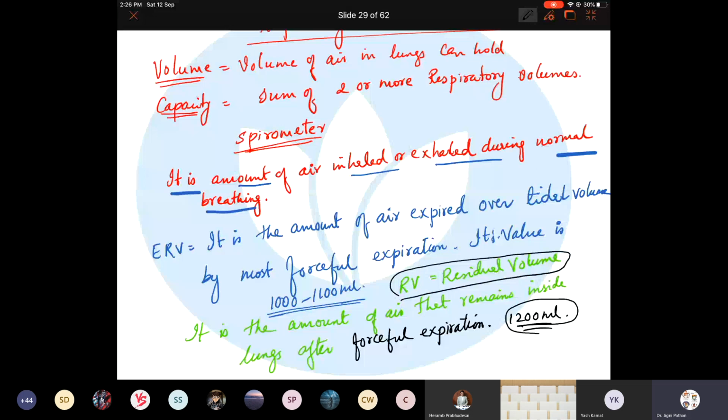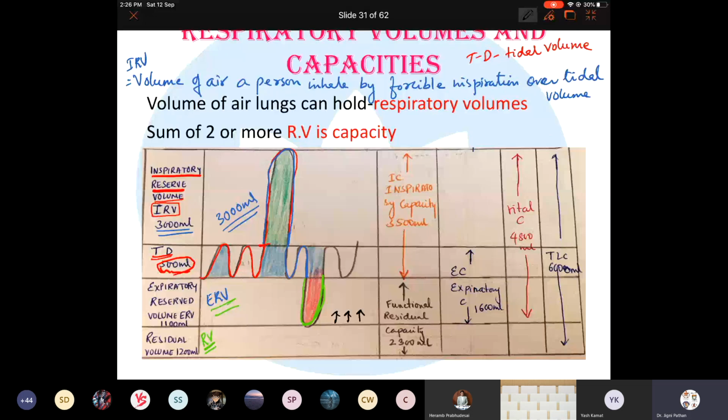Whatever air is present is exhaled out, but some air still remains in the alveoli. That is called residual volume. Is this point clear?